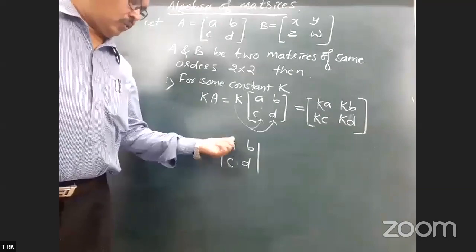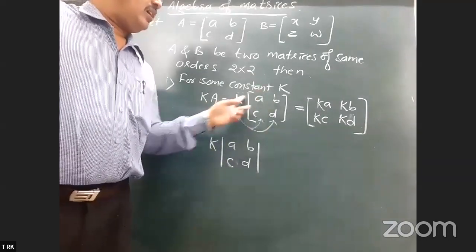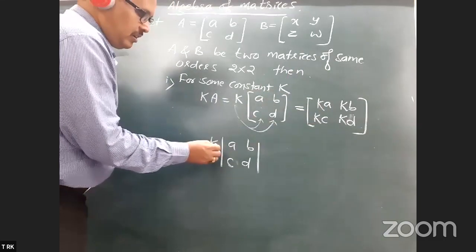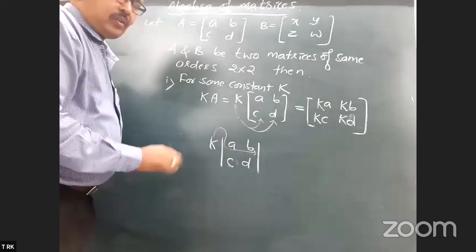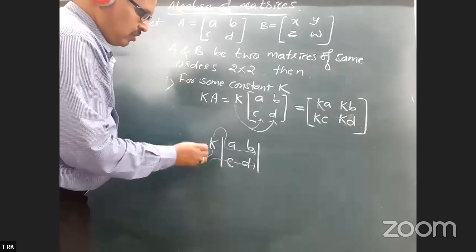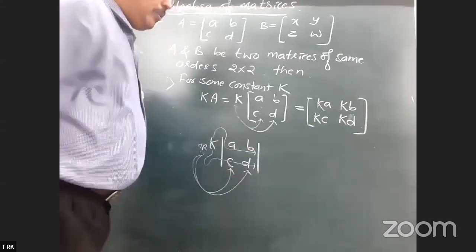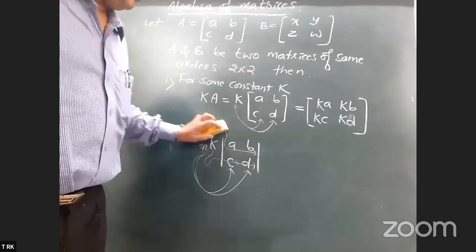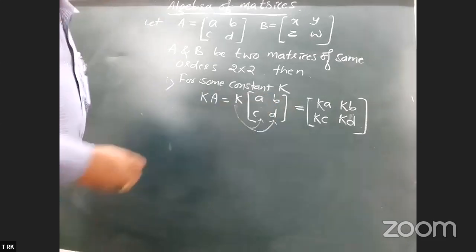In case of a matrix, we get k into all elements: kA, kB, kC, kD. Whereas in case of a determinant, k goes to all elements of first row or all elements of second row, or of a column.